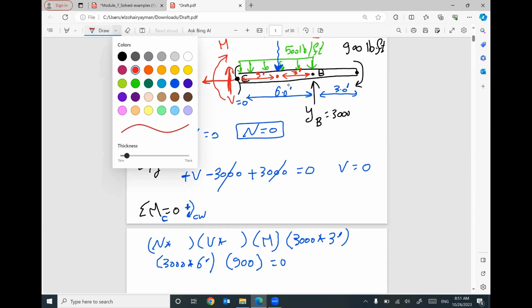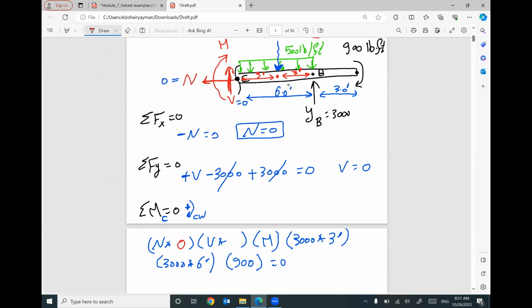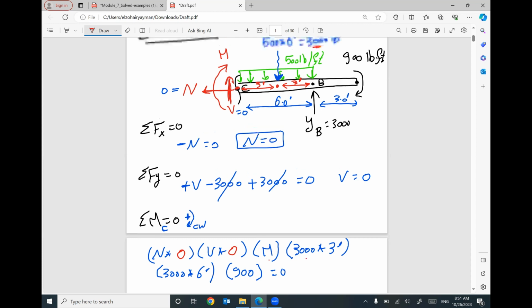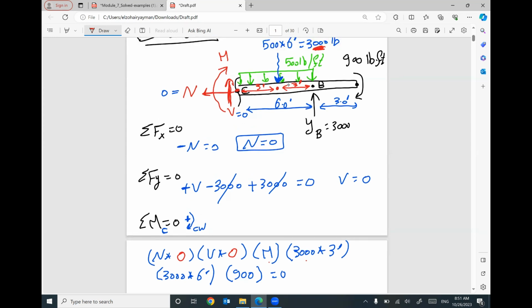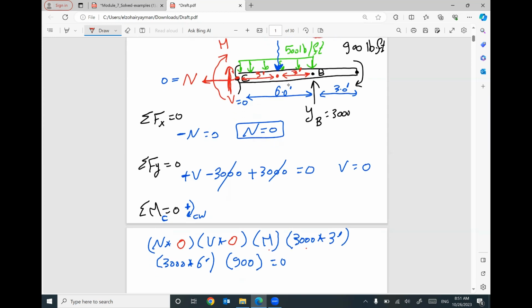Keep in your mind, this capital N, the distance equals 0, V, the distance equals 0, M does not need distance. 3000 needs the distance 3 feet. I'm talking about the 3000 for the equivalent. The second 3000 is a reaction YB, and the 900 by the end does not need distance. I don't care about the term, this term or this term.